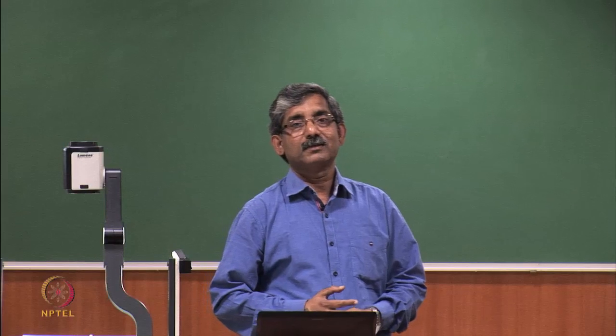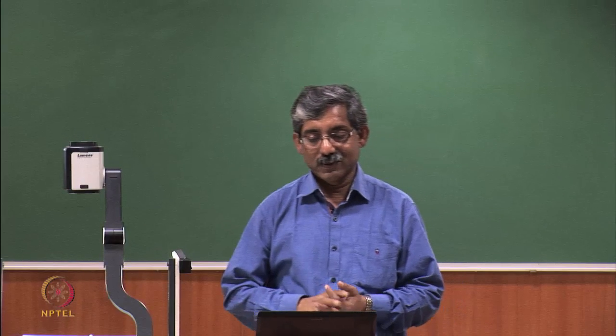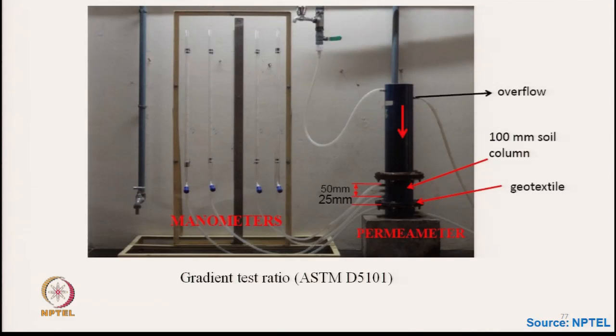Next method is called the gradient ratio test. It is as per ASTM D5101, and this gradient ratio test shows the long term compatibility of geotextile with the soil as far as the flow condition is concerned.